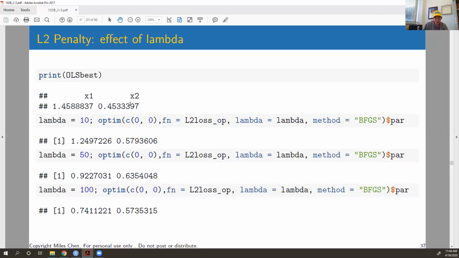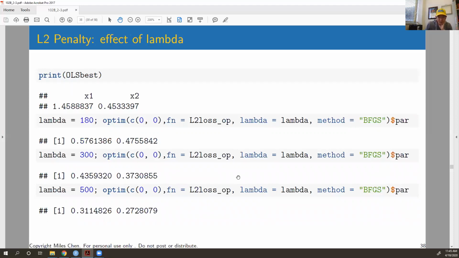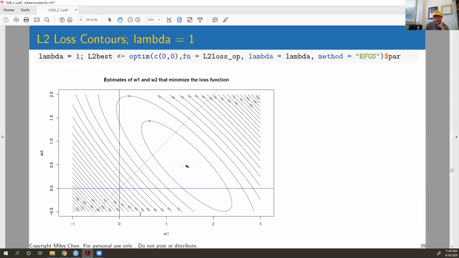It starts at 0.453, goes up to 0.579, up to 0.635, and then comes back down to 0.573. So W2 starts off down here, goes up, and then back down. As we further increase lambda to 180, 300, 500, at this point both W1 and W2 go down.